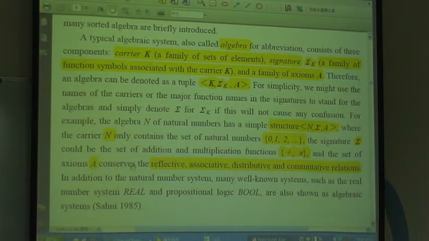axiom，axiom 是什么？axiom conserve the reflexive, associative, distributive and commutative relations。各位知道哈，你如果还记得这个叫做什么？对称律、反身律、封闭律。什么叫封闭律？封闭律就是这两个相加的，就你的运算结果还是在原来那个 set 里面，就自然数的运算的结果还是自然数，所以 1 加 2 等于 3，3 是结果，3 还是自然数里面的东西，这个叫封闭律。所以你如果要求它封闭律，所以为什么不能负的？负的如果 1 减 2 负 1，负 1 就不是自然数了，就掉出去了。所以负的东西不存在自然数系里面。What is commutative?